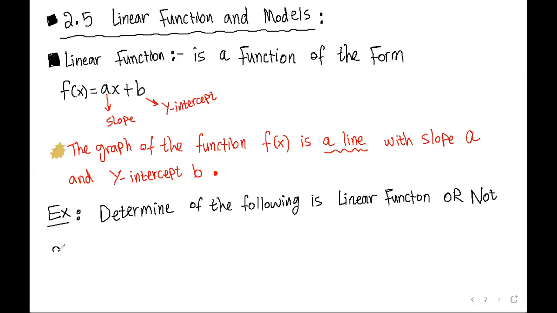First one is f of x equal 2 plus 3x. B here, g of x equal 3 times 1 minus 2x.